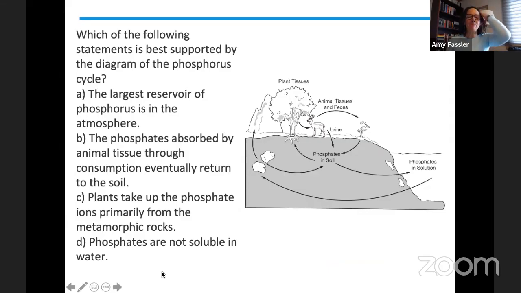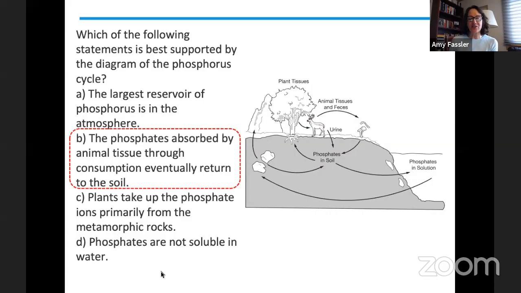Here's another diagram. Which of the following statements is best supported by the diagram of the phosphorus cycle? I'll give you a minute to look at that one. Obviously the correct answer is that phosphates absorbed by animal tissue eventually return to the soil, through consumption.